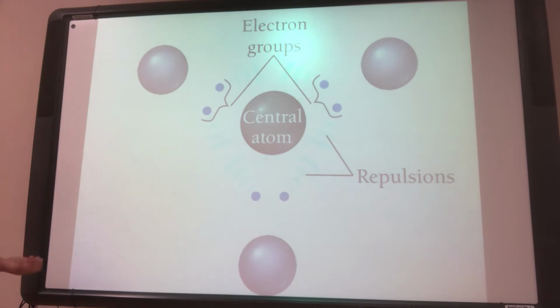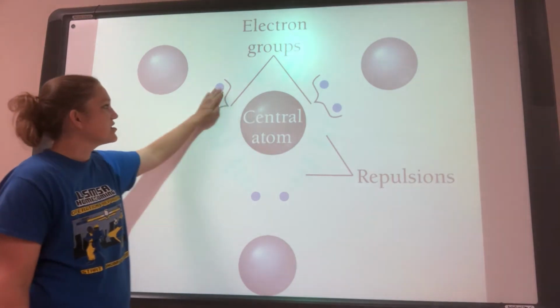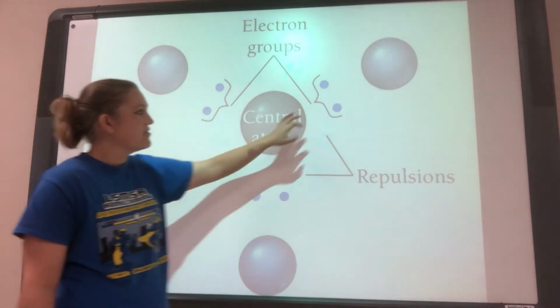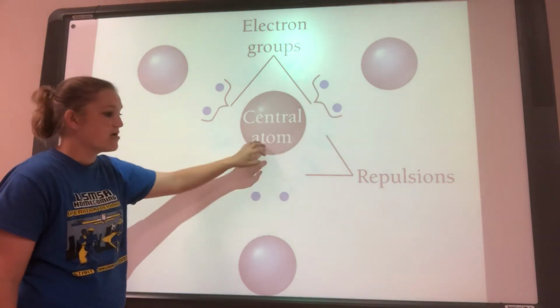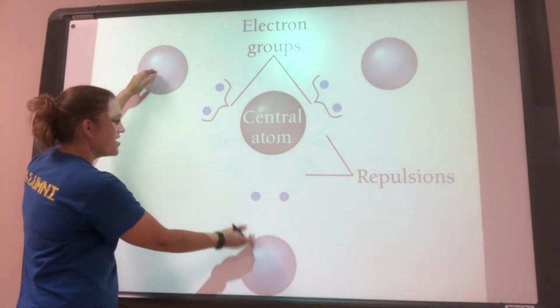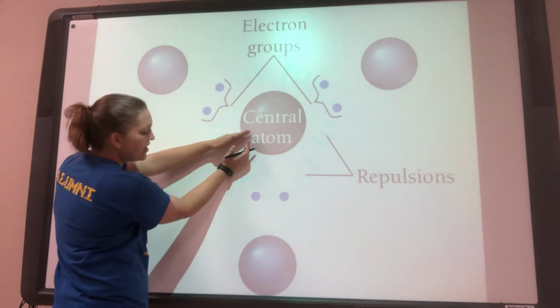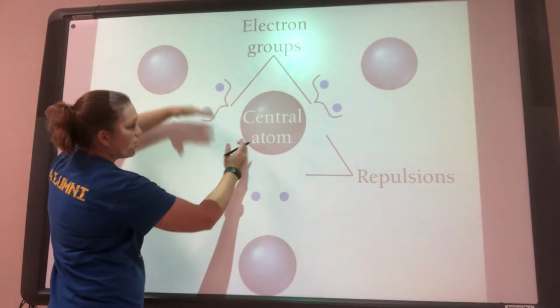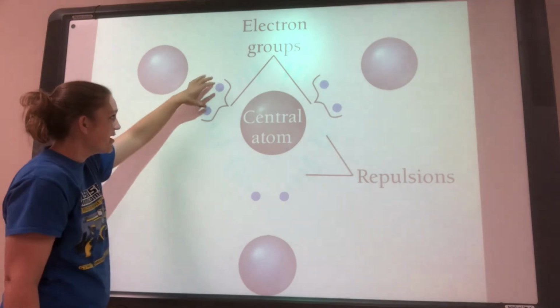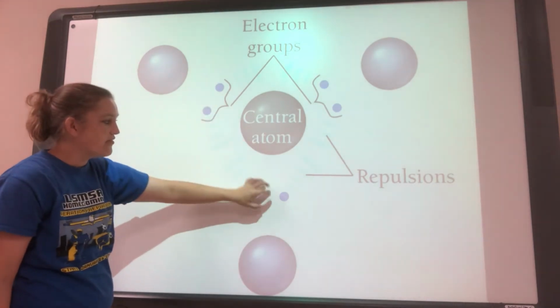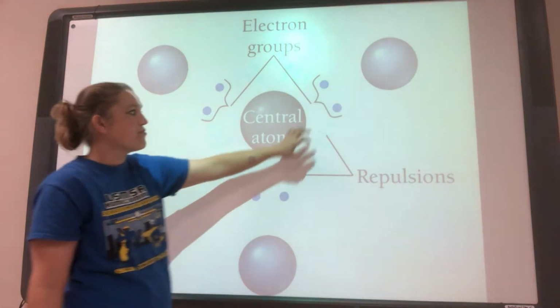All right, so here's the idea. Here's my central atom. These are the two electrons making a bond. These two are making a bond. These two are making a bond. This guy and this guy don't want to be right next to each other. They want to be as far away as possible, because these electrons repel these electrons.